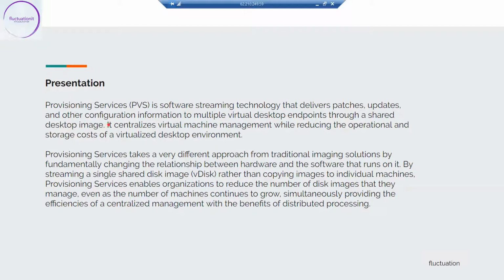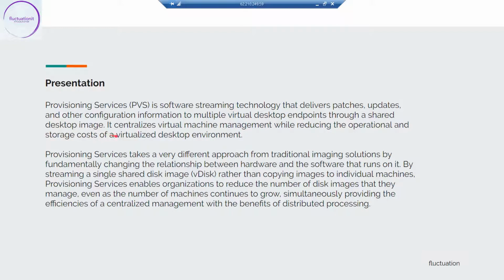So the advantage is that it's doing centralization of the VM management while reducing the operational and storage cost on a virtualization desktop environment. So this is the first advantage. So what is the strength, and why is PVS such a fantastic solution?